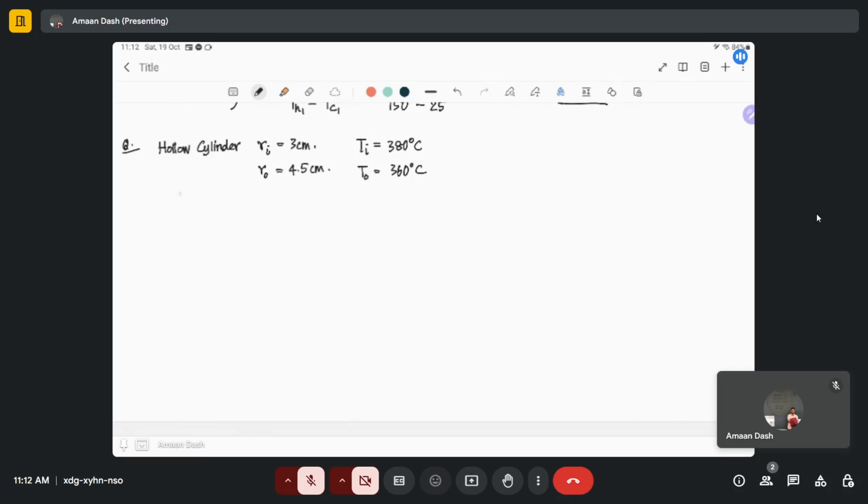The thermal conductivity K of the cylinder material is equal to 20 watt per meter degree Celsius.